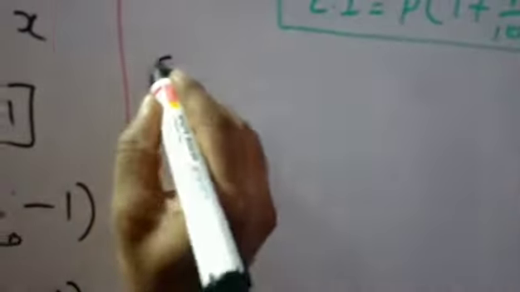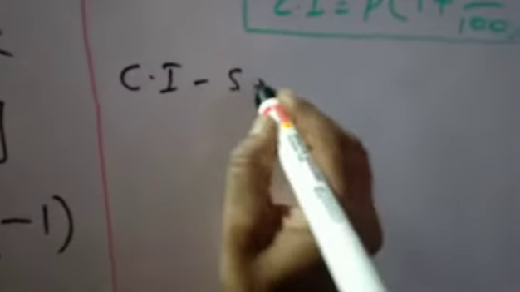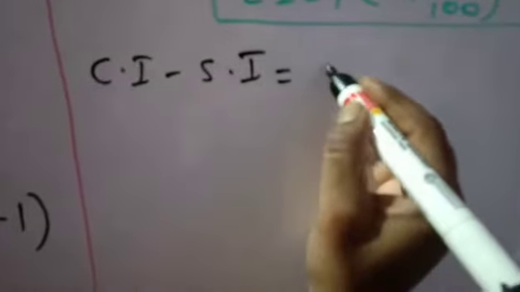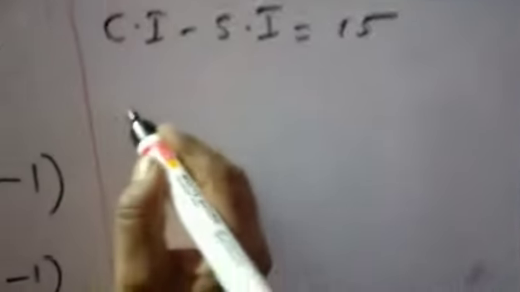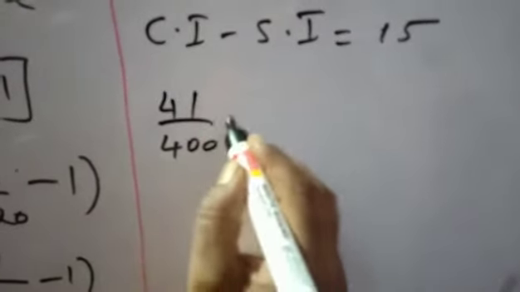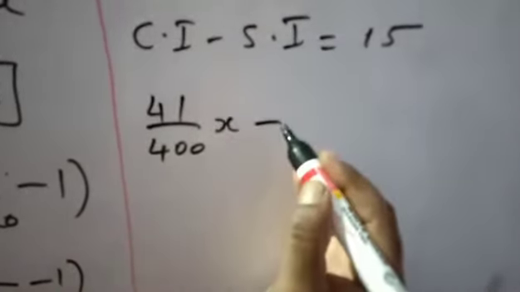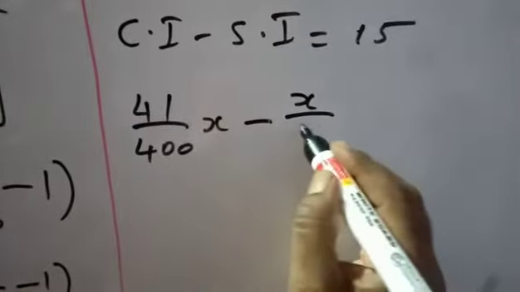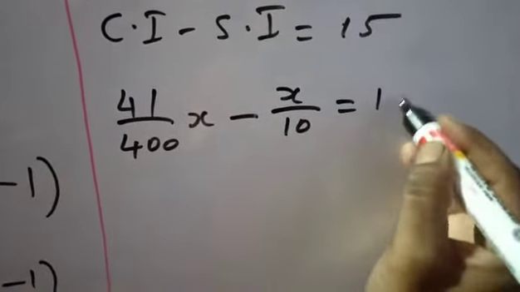Given condition: compound interest minus simple interest equals 15. So we have compound interest 41 by 400 x minus simple interest x by 10 equal to 15.